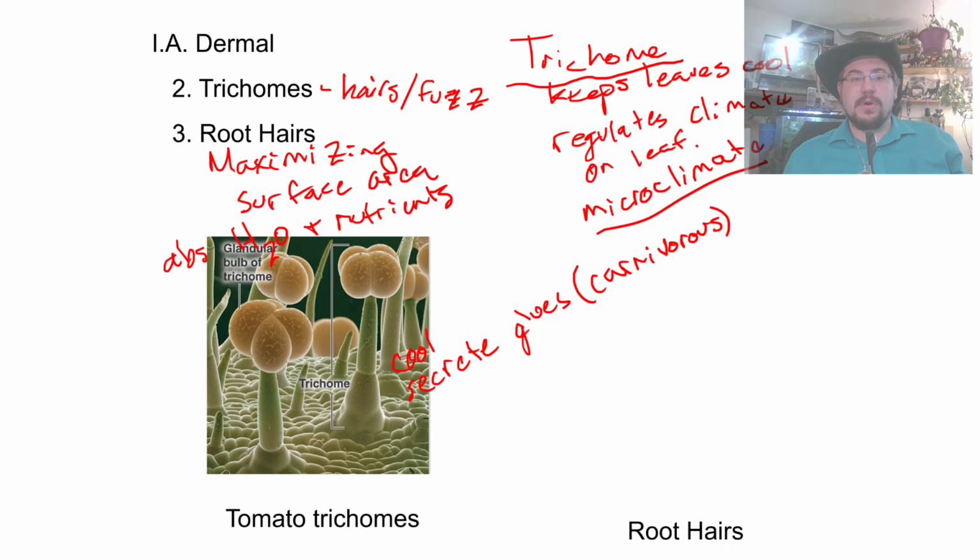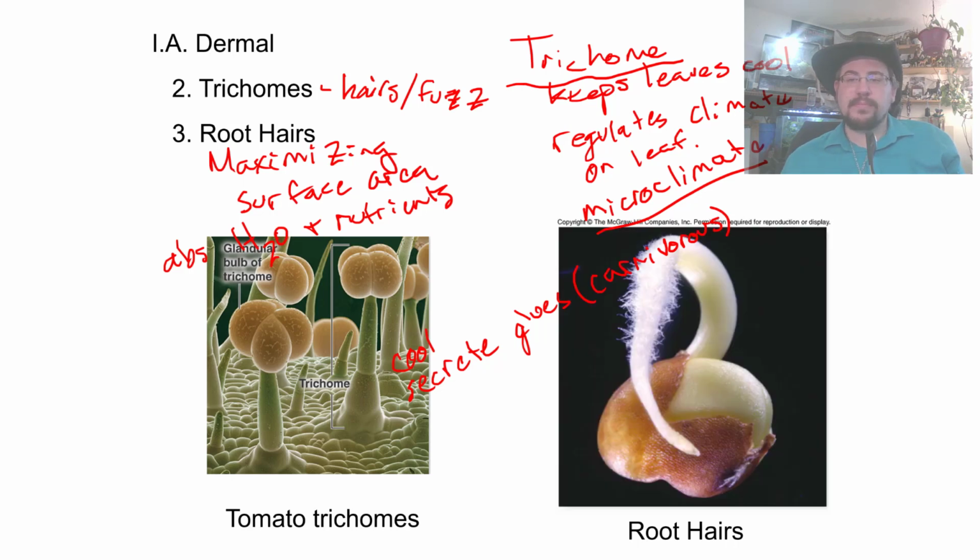Continuing forward. The tomato trichomes actually secrete a substance right here that will glue insects to the cell.